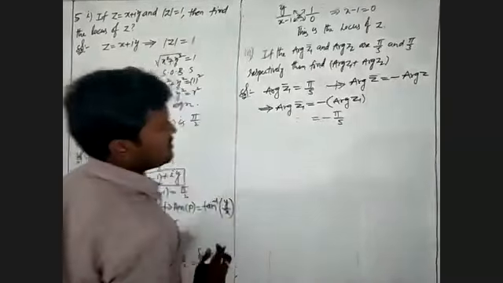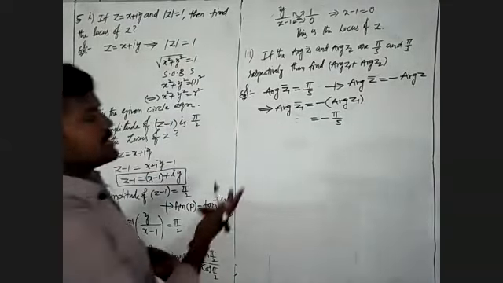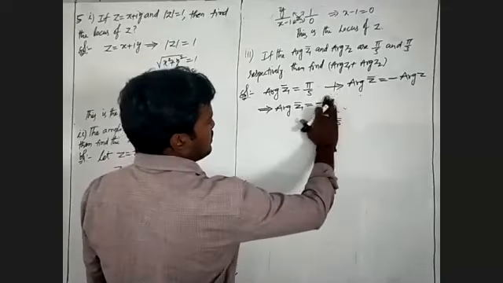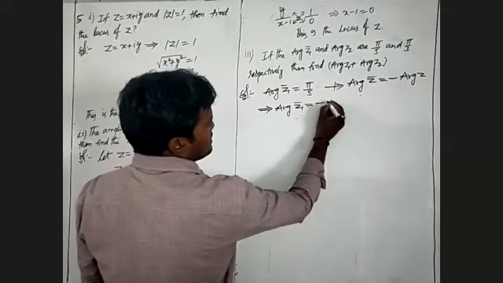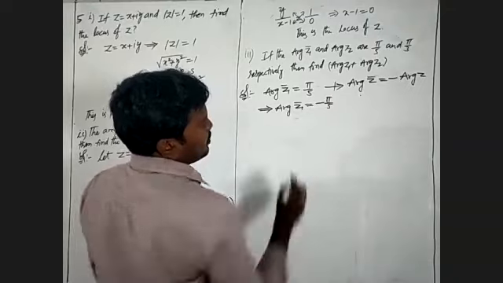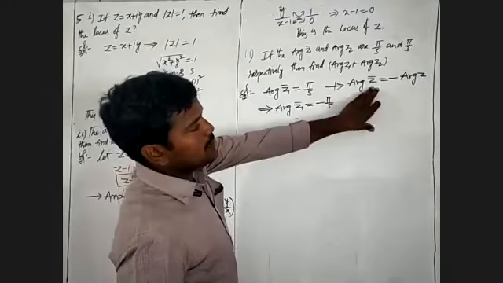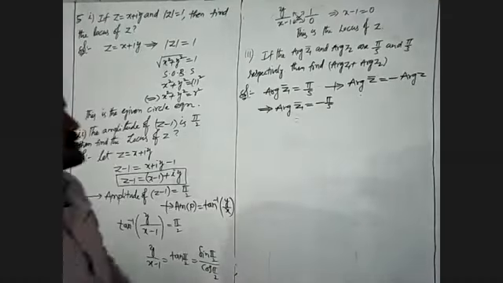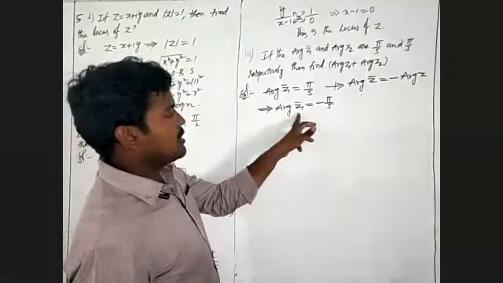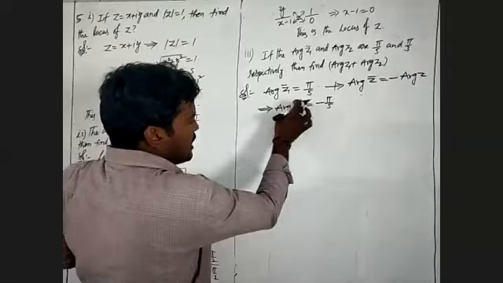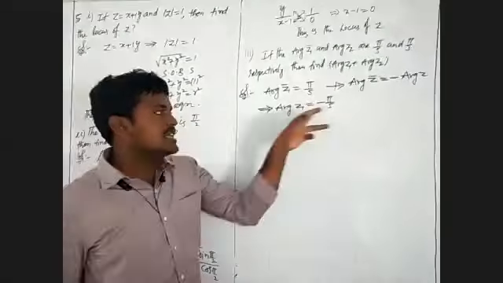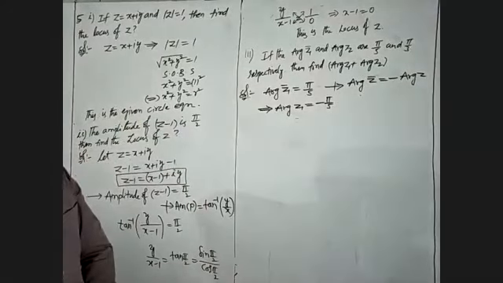This is the value of argument z1 bar. Why? Because argument of z bar is always minus argument z. Here also, when we flip it into the bar, I have to take the symbol minus. That means argument z1 is nothing but minus pi by 5.